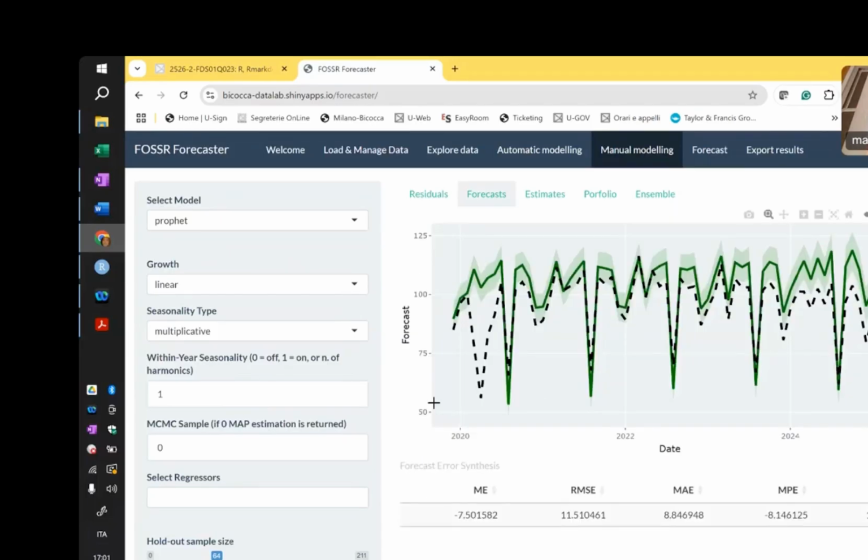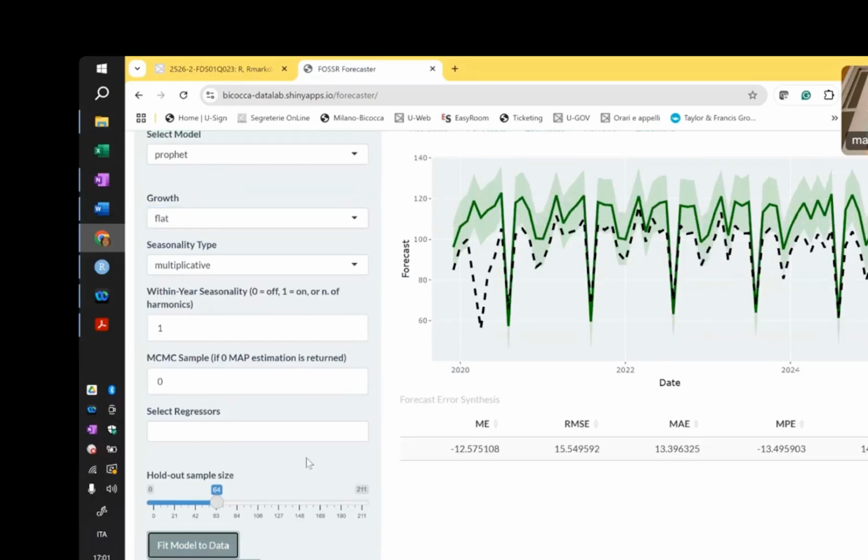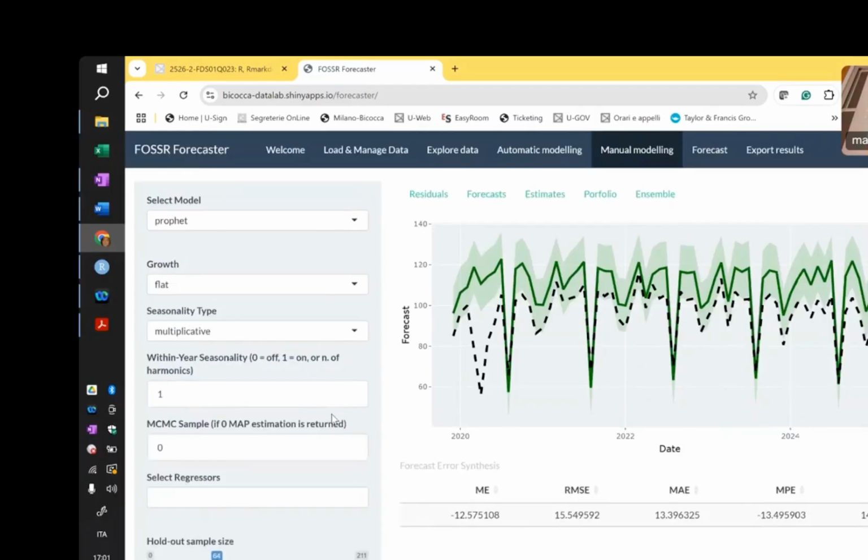Okay. Maybe let's try it with the flat growth. This should improve a little bit. No, it's even worse. As I told you, Prophet is not really a good thing.